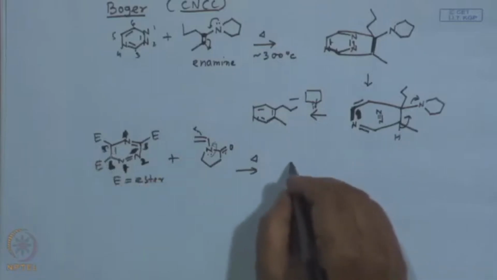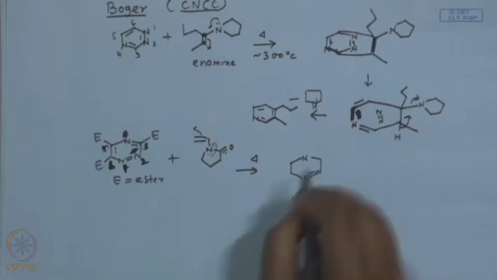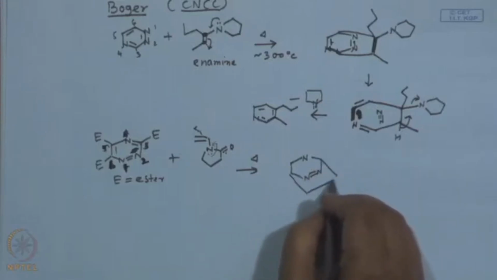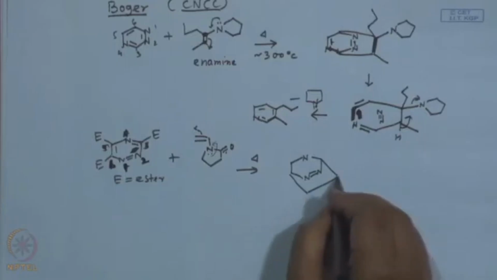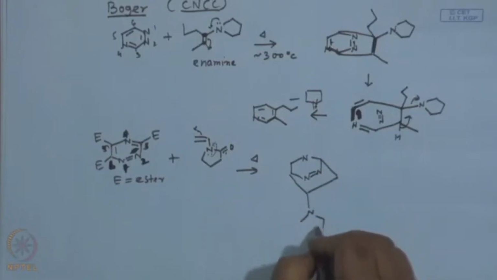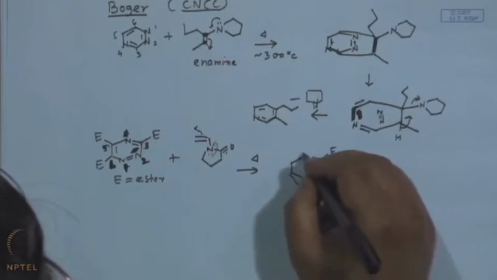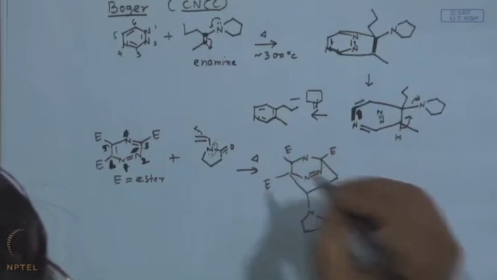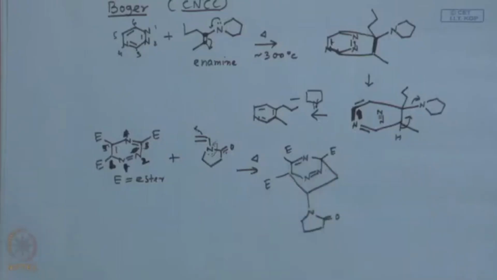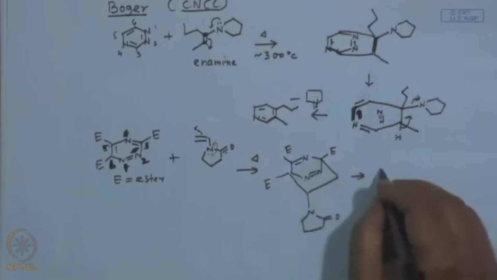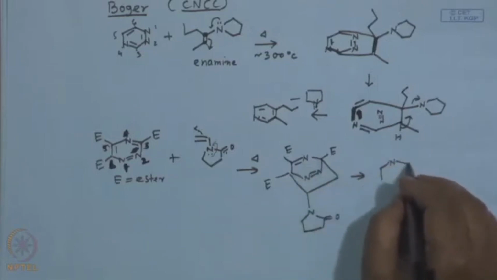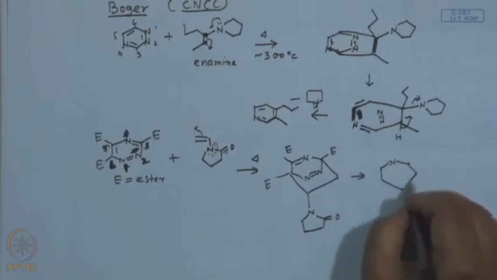So, let us see whether we are coming to the right answer or not. This part remains as it is, and then you will have a double bond here. This one is the beta carbon, then this is the alpha carbon, and the rest is E, and then E and E, and now the double bond should be this one. So, nitrogen eliminates.